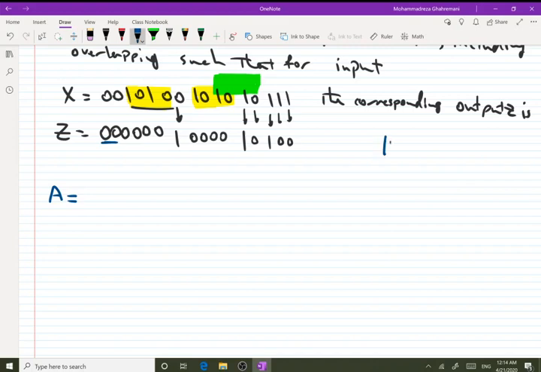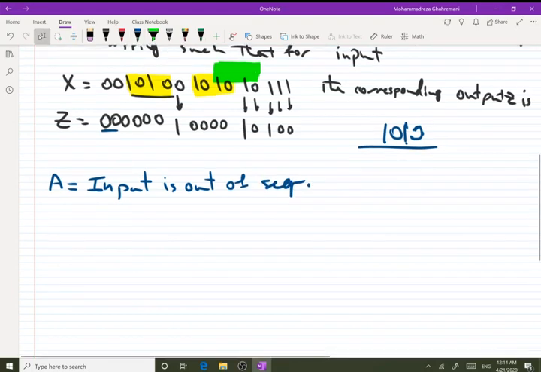None of these 4 bits are recognized. We are out of sequence. So we say state A is: input is out of sequence. This is the first step.